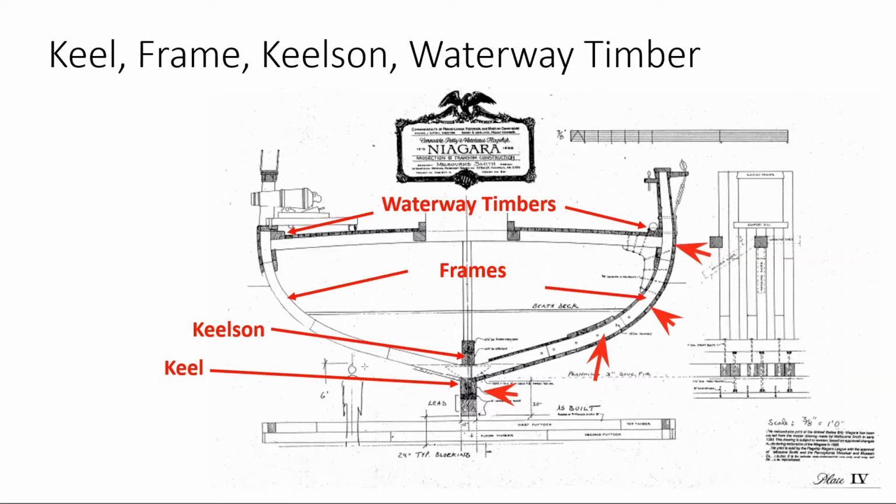The futtocks are the different components of the frame that we'll take a look at a little more in depth. Then we have the keelson, which lays on top of the frames and ties all of them together with the keel. And then we have the waterway timbers that lay on the deck beams and tie the frames together with the deck beams as well.